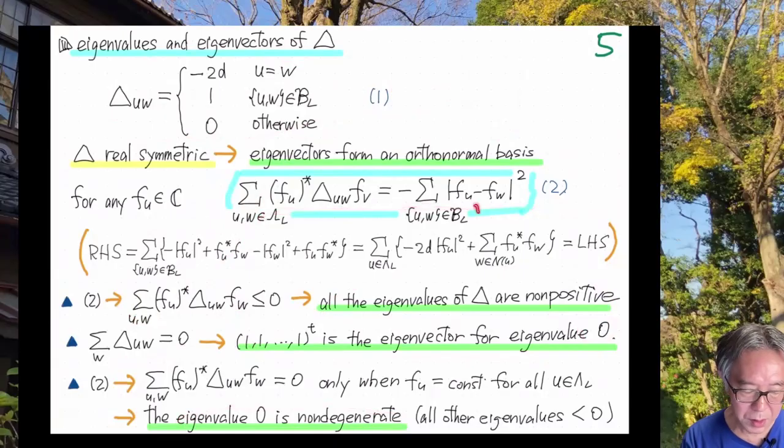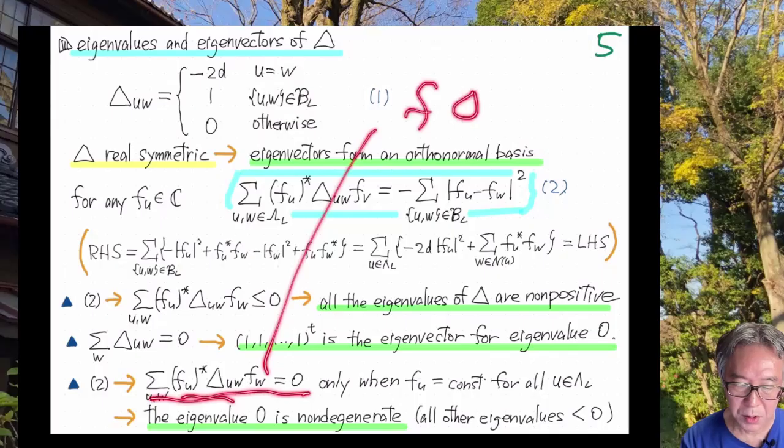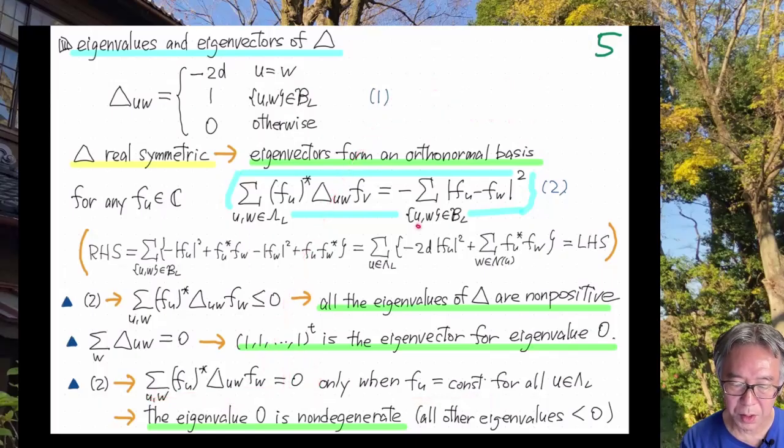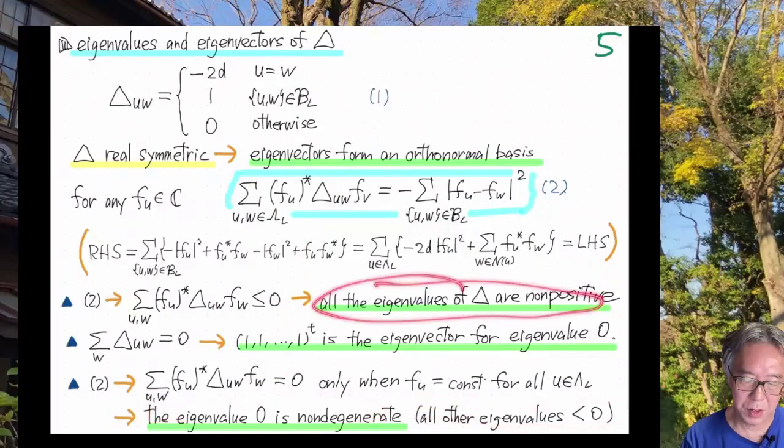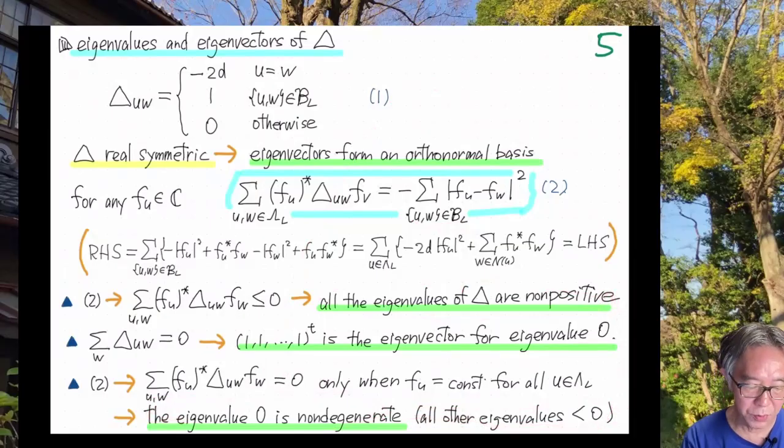This identity tells you that this thing, again the Laplacian sandwiched by the same vector f, is equal to 0 only when f is constant, because the lattice is connected. Okay, so this means that the eigenvalue 0 is non-degenerate, and all other eigenvalues are strictly negative. We only used this in the previous page, but anyway, it's useful to know all these properties.